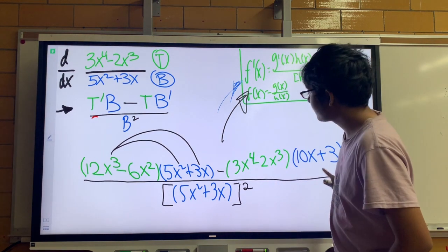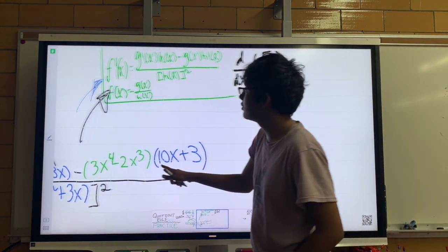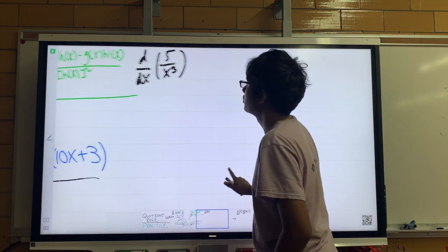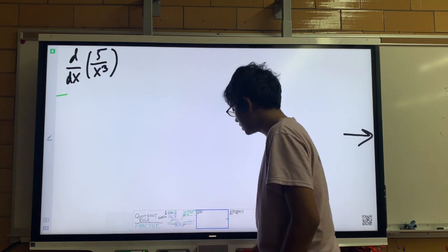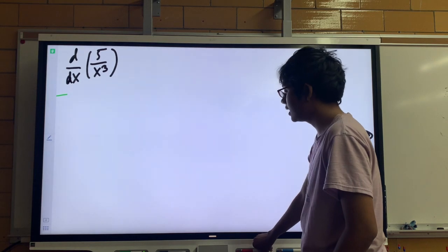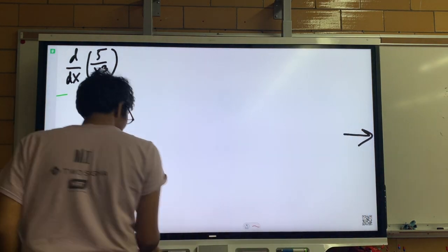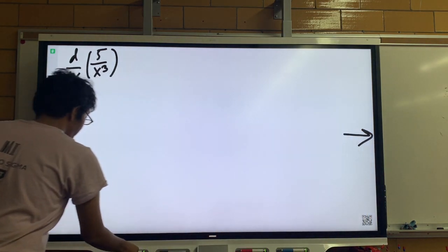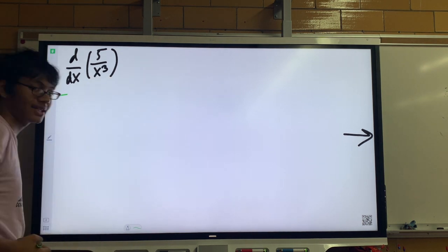But before we do that, let's try to find the derivative of this quotient, once again using our good old quotient rule. So let's take a look. This is the function we're asked to take the derivative of: 5 over x cubed.